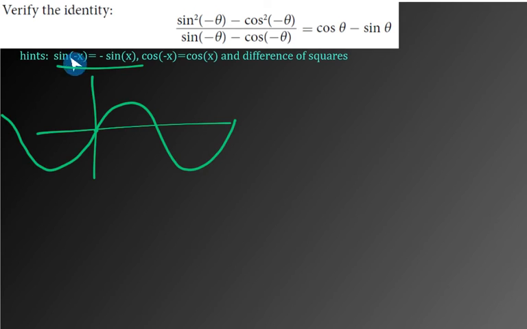And if you think about it, sine of negative x, this is important because we have negatives of the variables in here, is actually going to equal negative sine of x. Because if you take this part right here and flip it, this is a horizontal flip, it would line up right here.